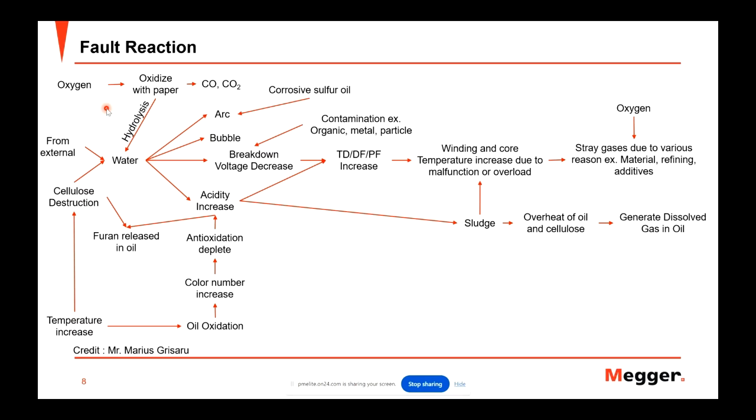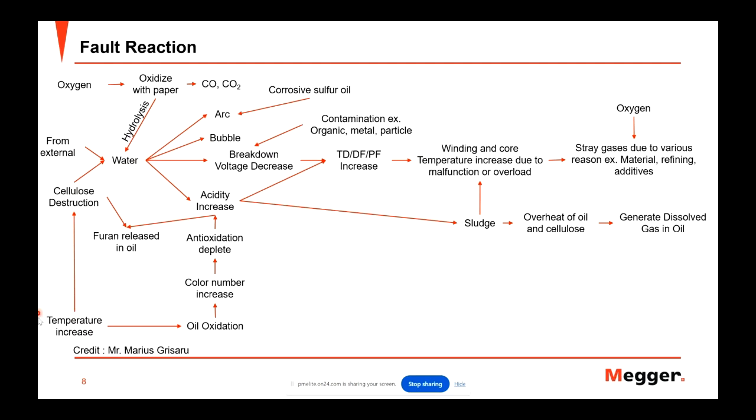It can oxidize with the paper and create carbon monoxide or carbon dioxide. And the paper also creates the hydrolysis process and creates water inside of your transformer, which also accelerates the aging of your paper. And the water can come through the leakage from the external here.